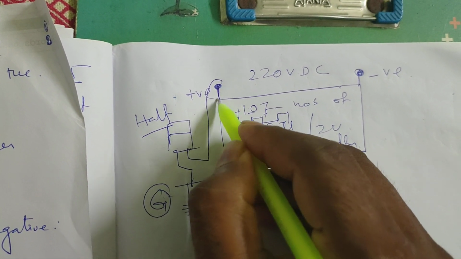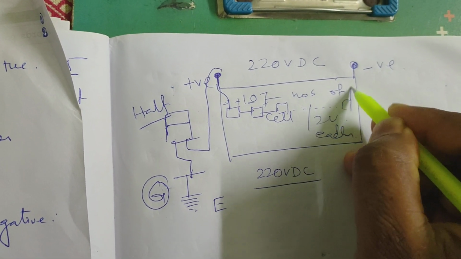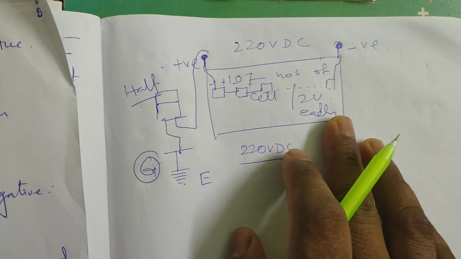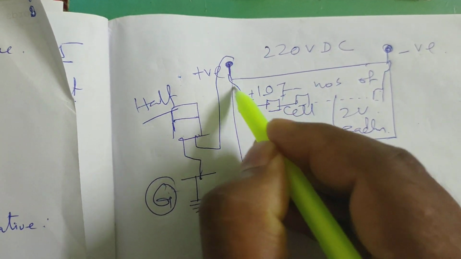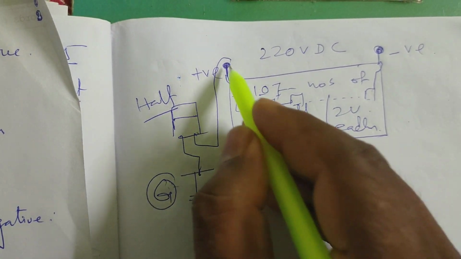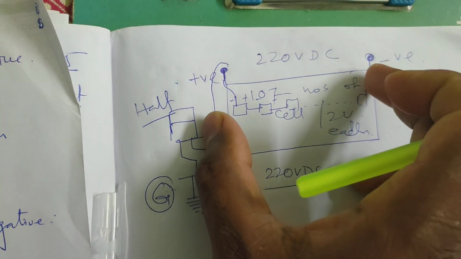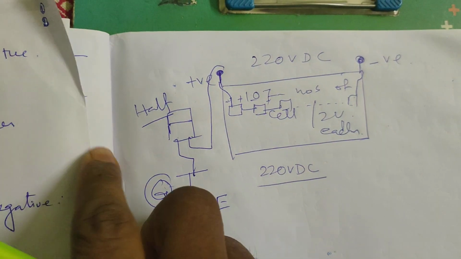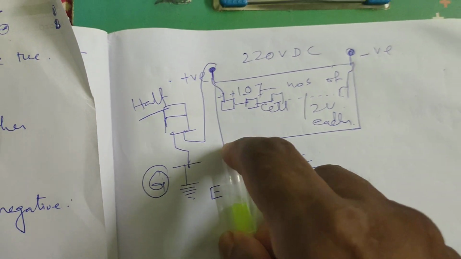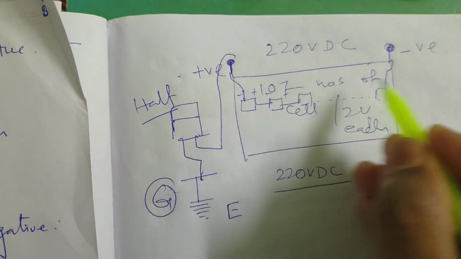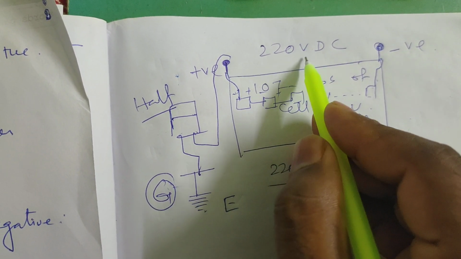So from here the positive terminal is coming out, and after n number of cells, the negative terminal comes out. All cells are connected together. If I consider these 10 cells as one cell, then this positive terminal and this negative terminal are giving you 220 volt DC.